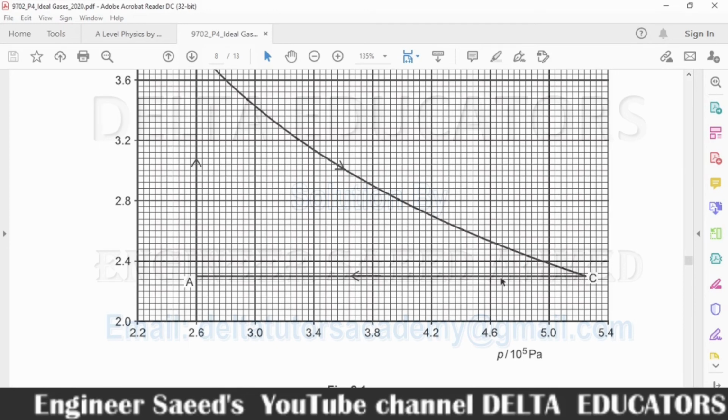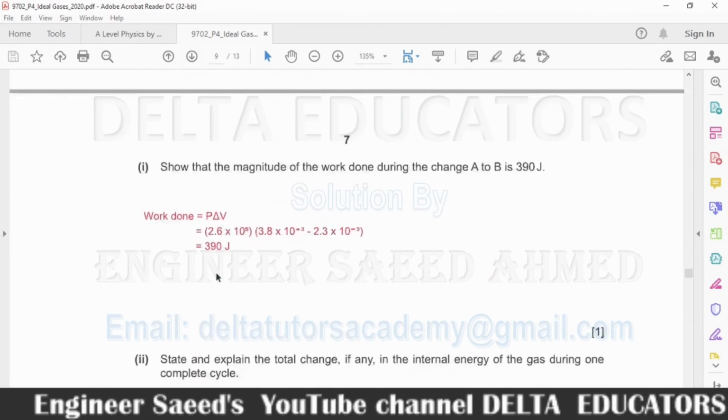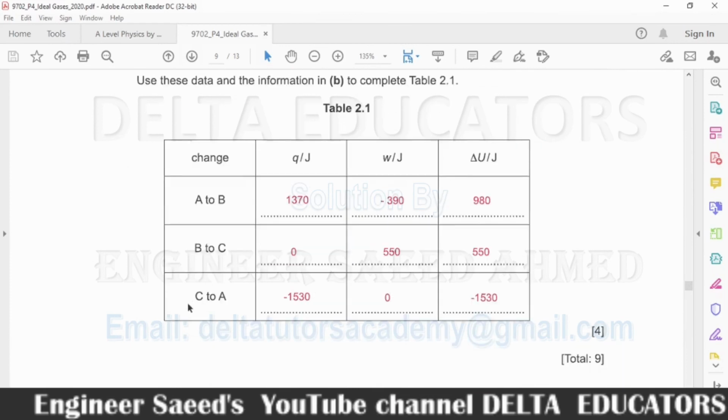So when we are moving along the x-axis, there is no change in volume, means here delta V is equal to 0. And work is given as the product of pressure and change in volume. Since change in volume is 0, definitely work done from C to A will also be equal to 0. So here from C to A, work done will be equal to 0.